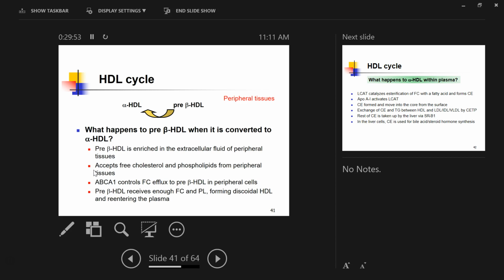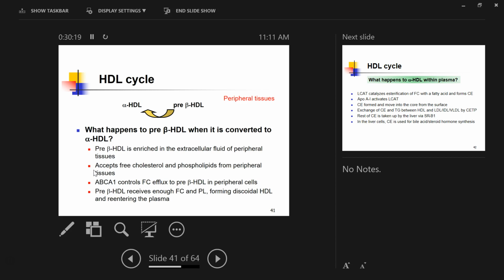First, you pick up the lipids from peripheral tissue. So in general, the beta HDL should be abundant in the peripheral tissue. So it picks up lipids, free cholesterol and phospholipids, right?